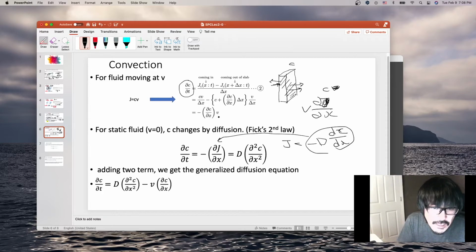And then if you add that portion right here and that portion right here, you get the generic equation, or the generalized diffusion equation, which has the diffusion term and then the convection term. If you add those things together, you have the concentration change at that particular position.